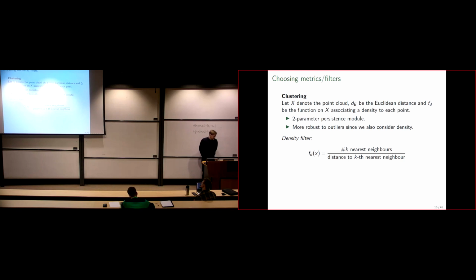And the density filter, so this is one example of a density filter, just to give you some idea of what I mean by this. There are many ways to define a density filter, but this is maybe one of the easiest. You would choose some k, and you would look at the k nearest neighbors in your data. So for your point, you have some nearest neighbors, and you just count.